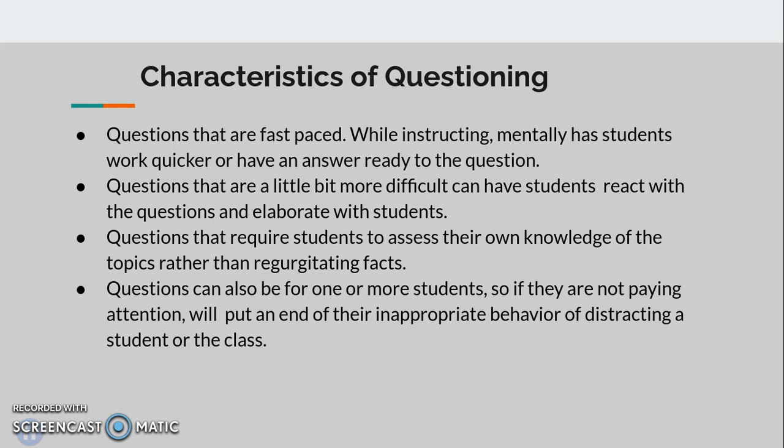Third bullet point is questions that require students to assess their own knowledge of the topics rather than regurgitating facts. So questions like, describe the differences between a short story and a novel. They have more to look at.